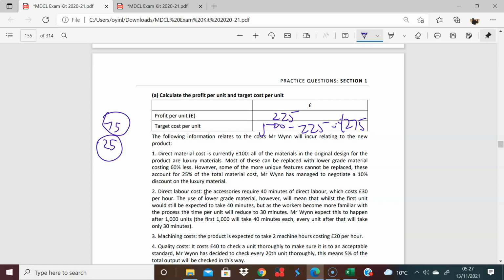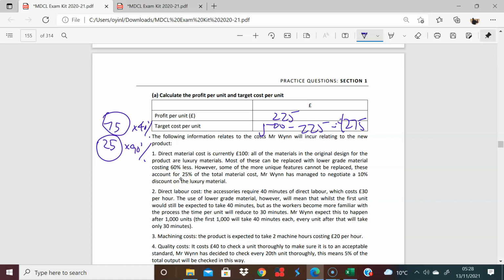And it says that the luxury bit, I can negotiate a 10% discount on. So I'm still going to be costing 90% of this, and this bit here I can replace with cost 60% less. I'm still going to be including 40% of that bit, because I'm saving 60%.